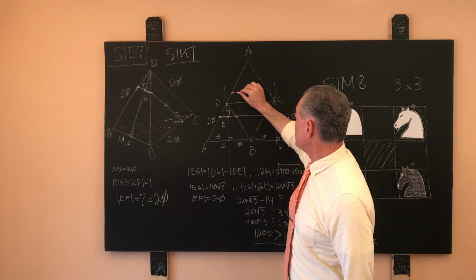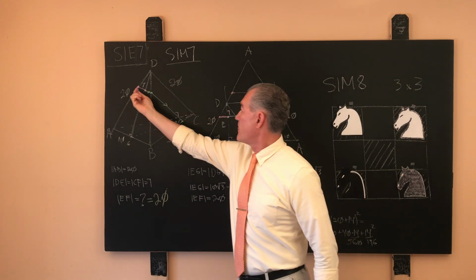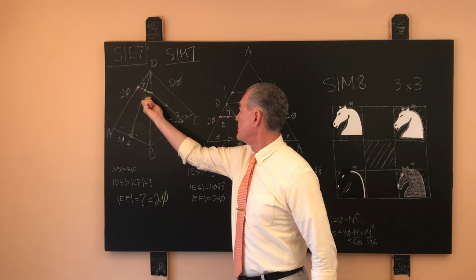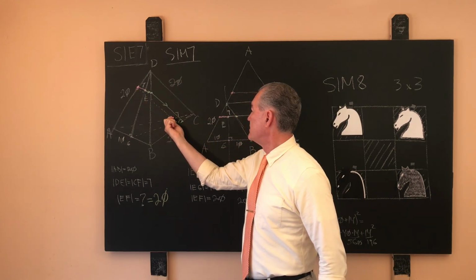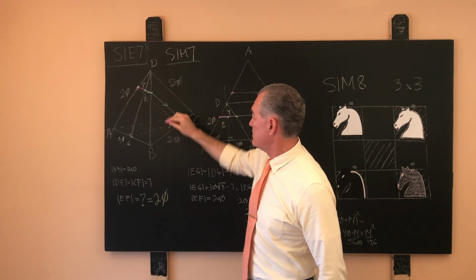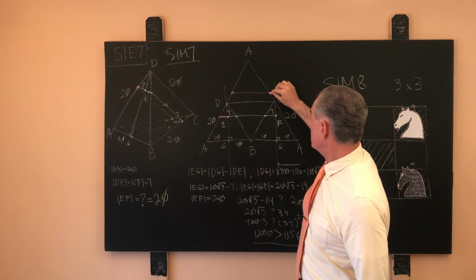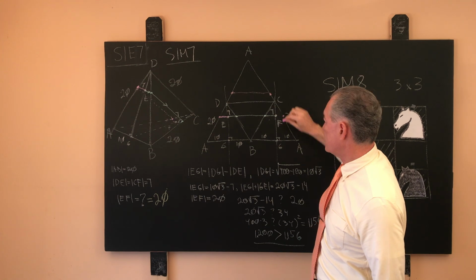So that particular straight line will run parallel to the edge DC on the other side, into this point, or this point right here.